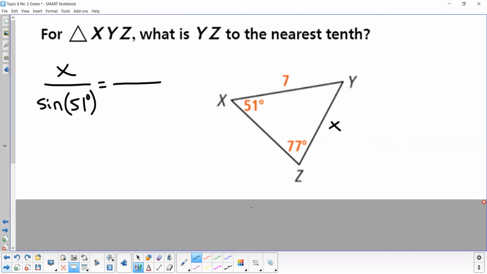And do we know the angle across from 7? 77. So this is going to be 7 over sine of 77. Yeah, setting that up may have felt a little weird because it's the first time you've used it. But you'll get the hang of it in no time, I promise.